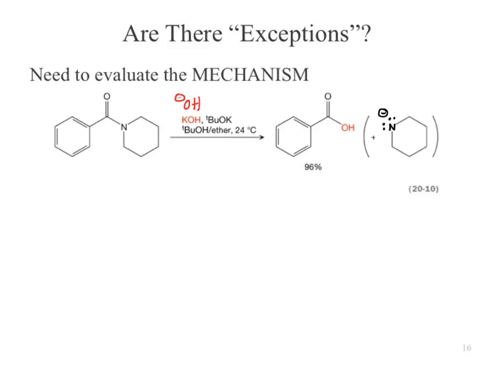Why is this reaction going to 96%? What's the secondary chemistry? We have a carboxylic acid and we have a negative nitrogen. A neutral amine primarily acts as a base.